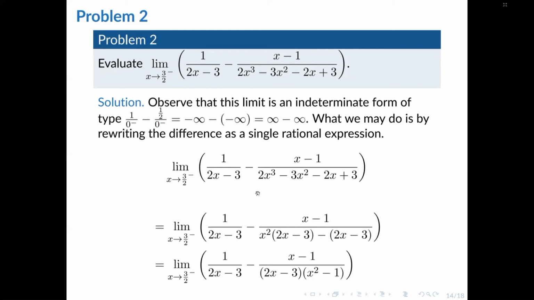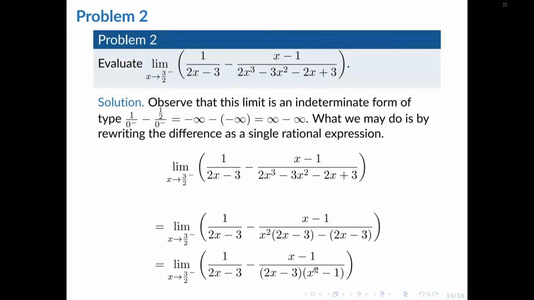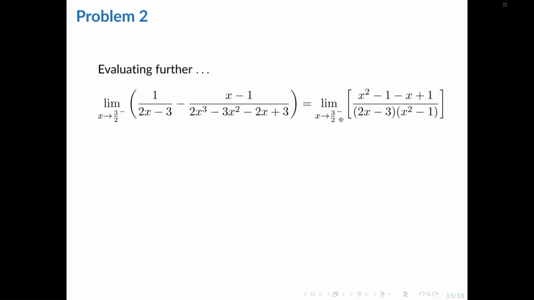So rearrange lang yung denominator ng second expression. So evaluating further, we get the limit of x squared minus 1 minus x plus 1 all over 2x minus 3 multiplied by x squared minus 1. So you will just combine these two terms. So you will get this function or expression.